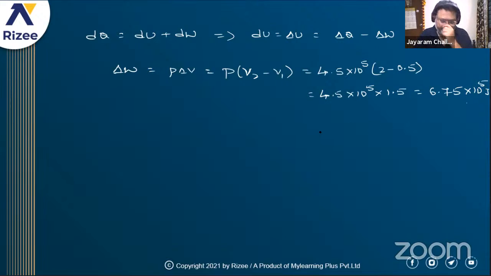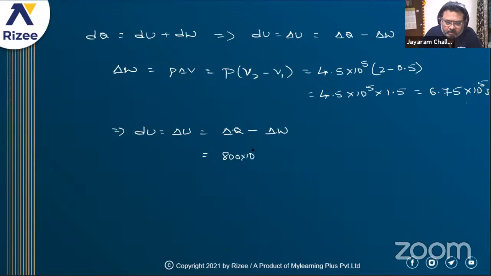Next, since we have got the work done, we can substitute in the first relationship, that is, du, the change in internal energy, is equal to the heat supplied minus dw. The amount of heat supplied is 800 kilojoules, which is 800 into 10 to the power of 3, minus 675 into 10 to the power of 3.